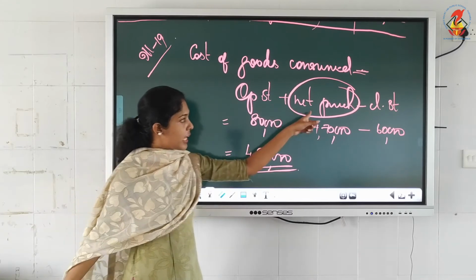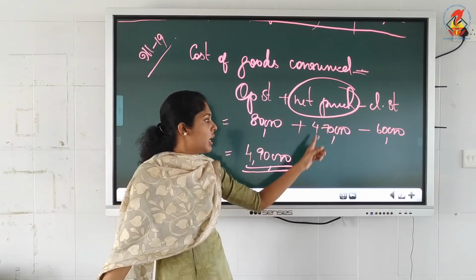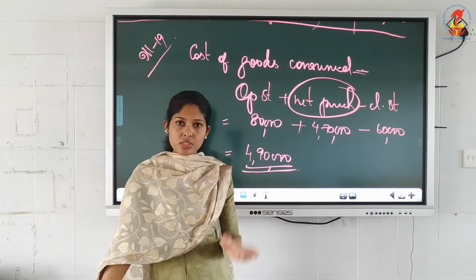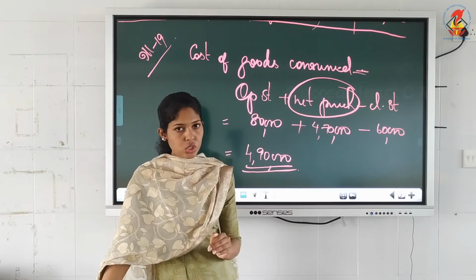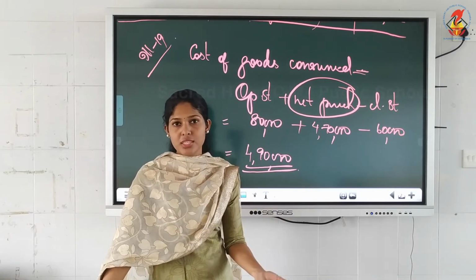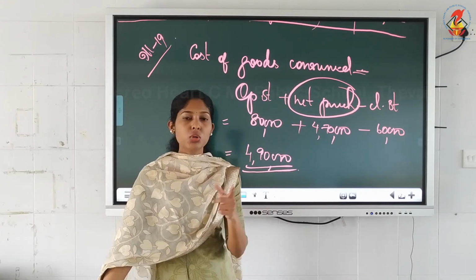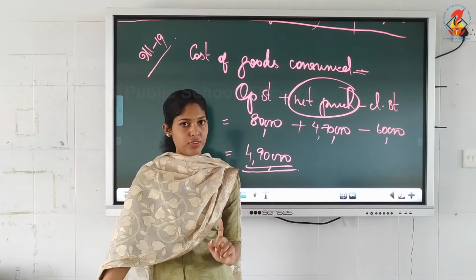Net purchases means the total purchases made during the year, which is directly given. In this question, no need to prepare creditors account. If the purchases figure is directly given, why would you go and prepare additional accounts? Whereas in the previous question it was given as amount paid, that we took as to bank. It is not the purchases figure.